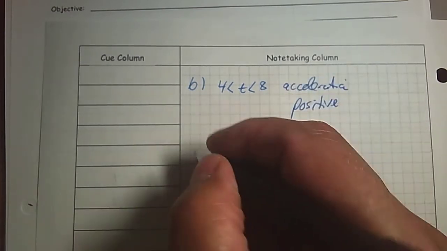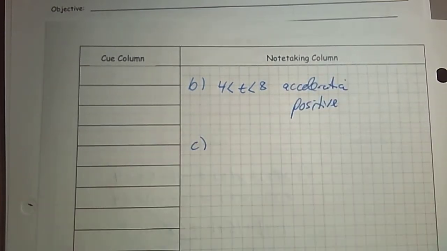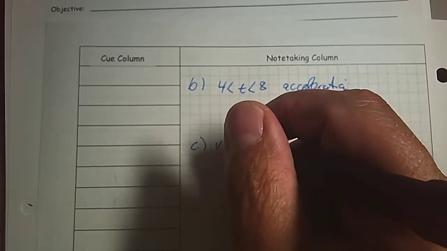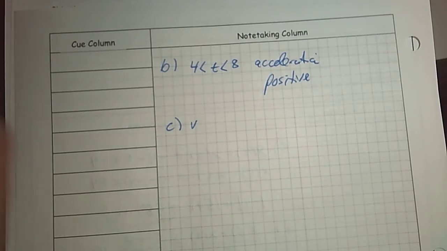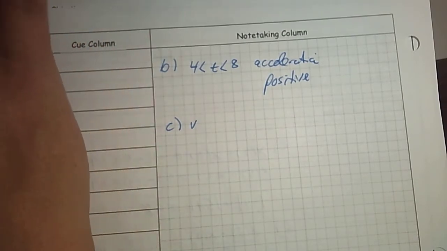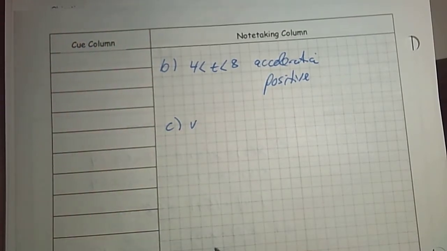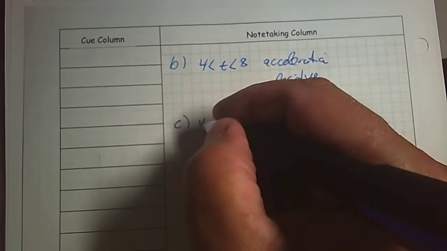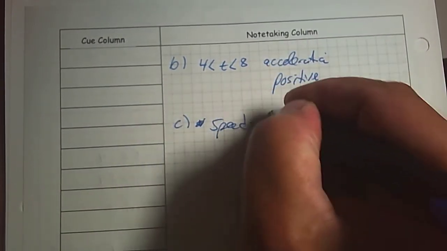C, when is the speed the greatest? Now, speed is different when we're looking off the graph. For speed to be the greatest, so speed is the absolute value of velocity. So when I look at that and understand that as being the absolute value of velocity, I'm going to write that down: speed is the absolute value of velocity.